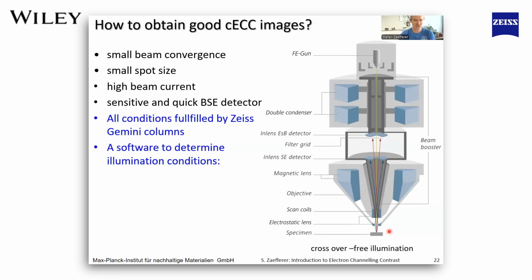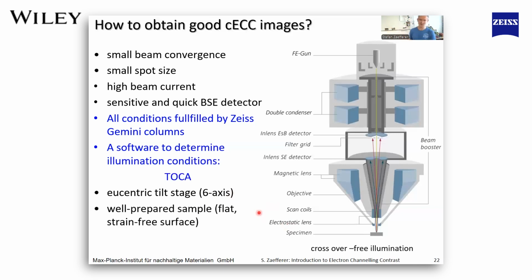Then, in order to do the controlled illumination, we need software, which in my case is the software TOCA, which allows us, from a measured EBSD orientation, to obtain the correct tilting conditions. At best we combine all this with a eucentric tilt stage, as is usually common for focused ion beam instruments, a 6-axis stage, which allows free and easy tilting.